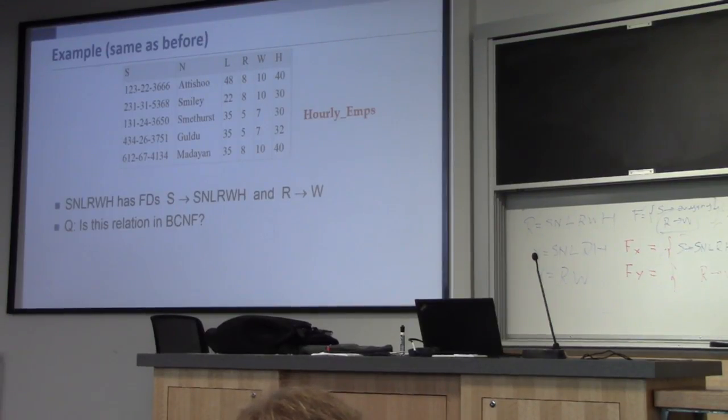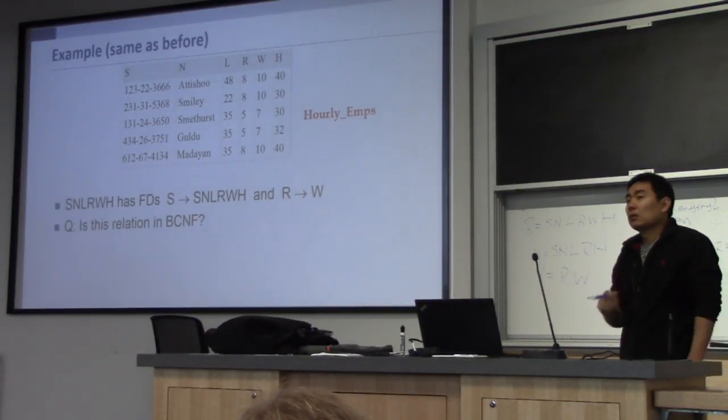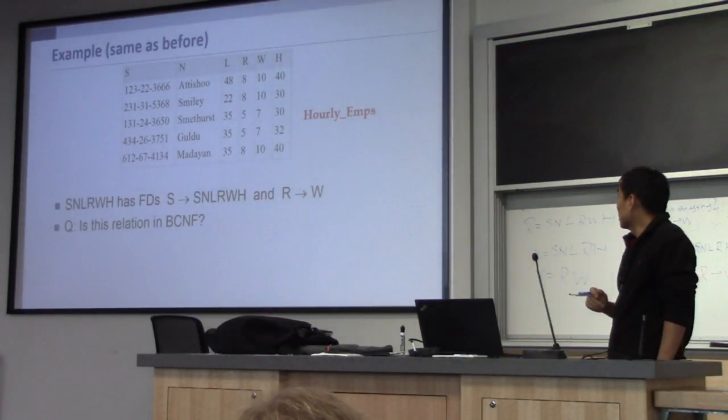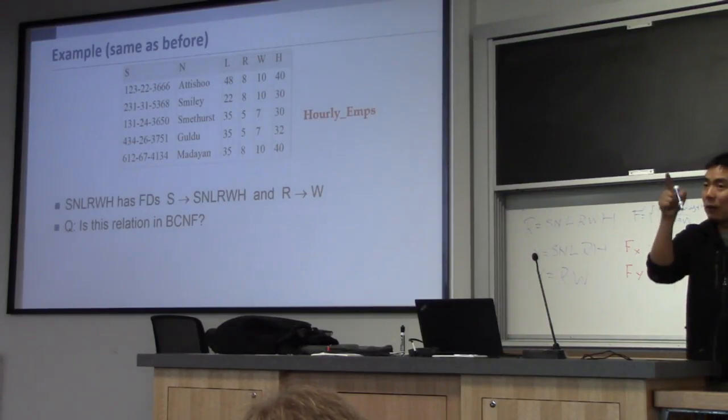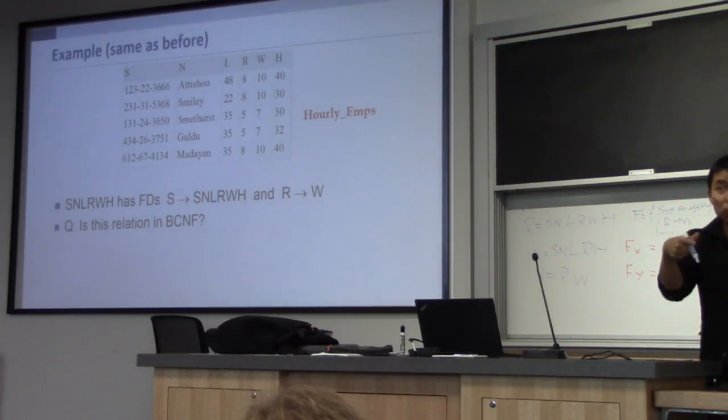Is it because R is in that list and R determines W? Well, no, I'm defining Fx. S determines everything else, and that has nothing to do with R determines W. But R determines W will play an important role in the next thing I'm going to claim.